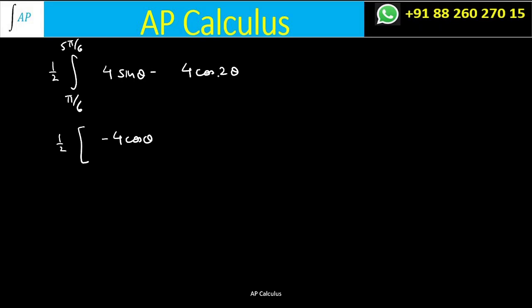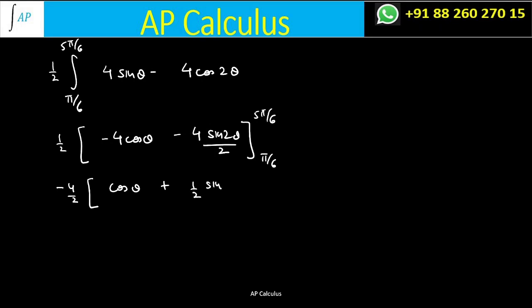The integration of cosine 2 theta is sin 2 theta over 2, divided by 2, and this is going from pi by 6 to 5 pi by 6. We can take this minus 4 outside also. So when we take this minus 4 outside, that will become minus 4 by 2, and we'll be left with cos theta plus 1 by 2 sin 2 theta, from pi by 6 to 5 pi by 6.